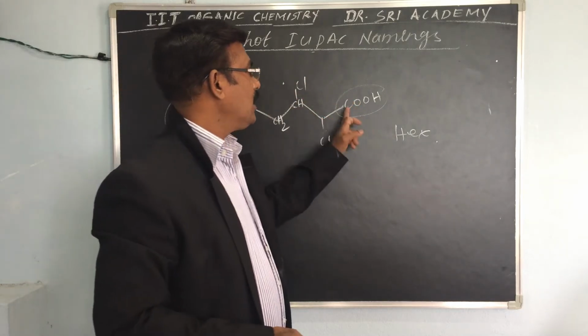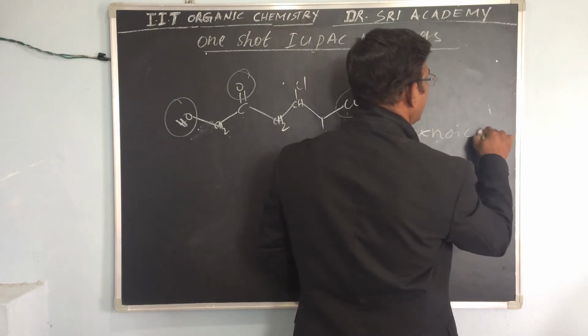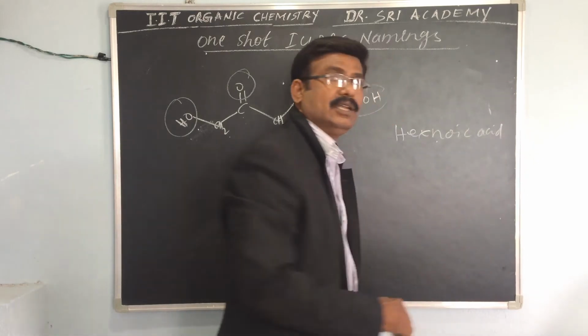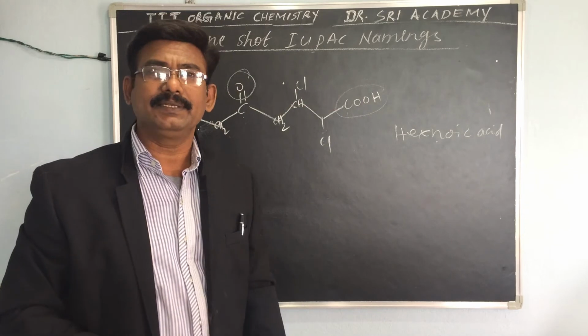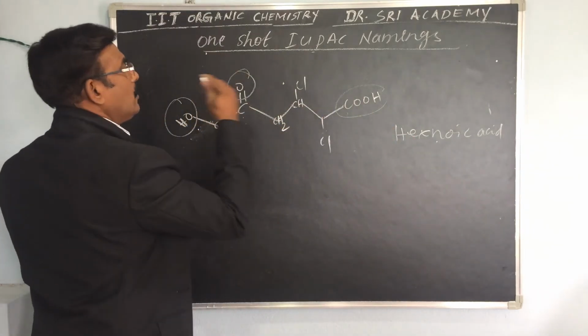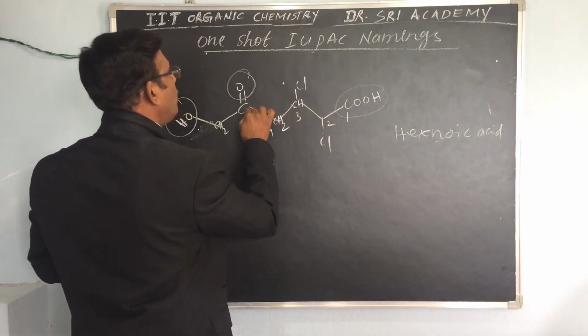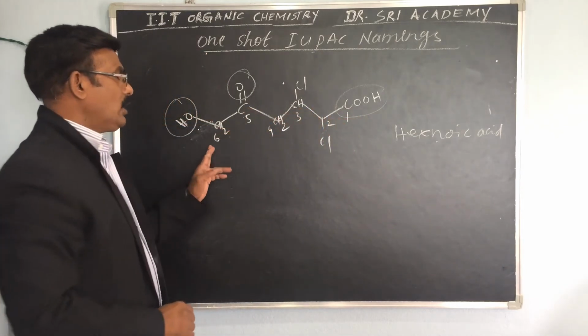Okay, so hexanoic acid. And for the remaining, you have to give the naming from the acid onwards: 1, 2, 3, 4, 5, 6, total 6.